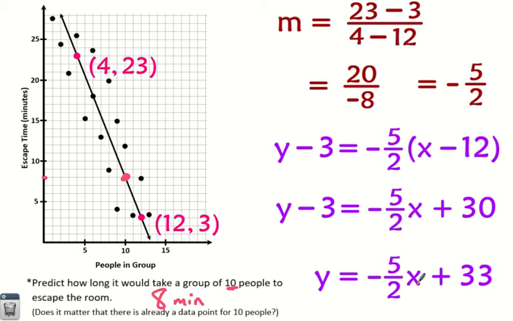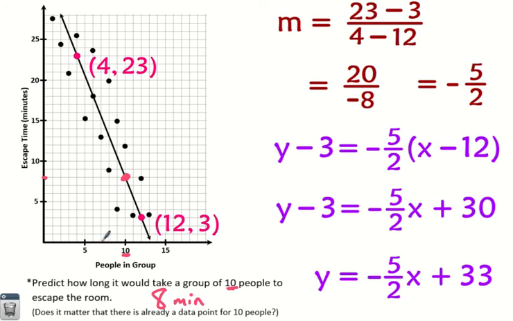You can do the fancy equation way, but for this problem, honestly, if they're asking for 10, or let's say they were asking about a group of 4, or a group of 5, or a group of 3, or a group of 7, whatever.